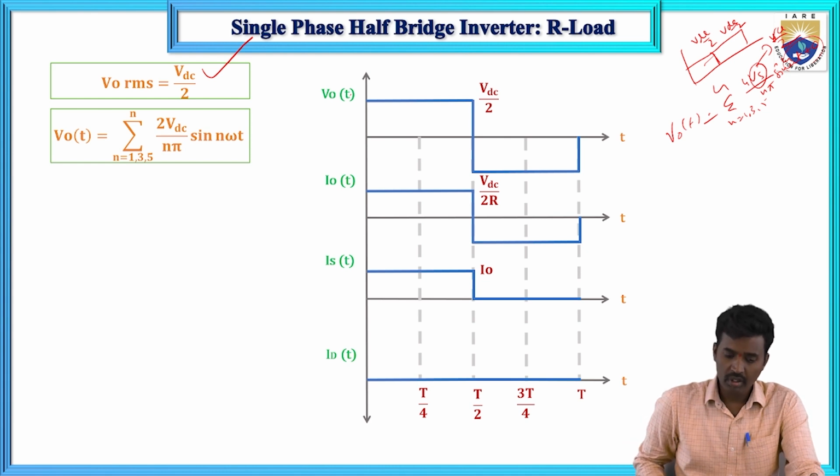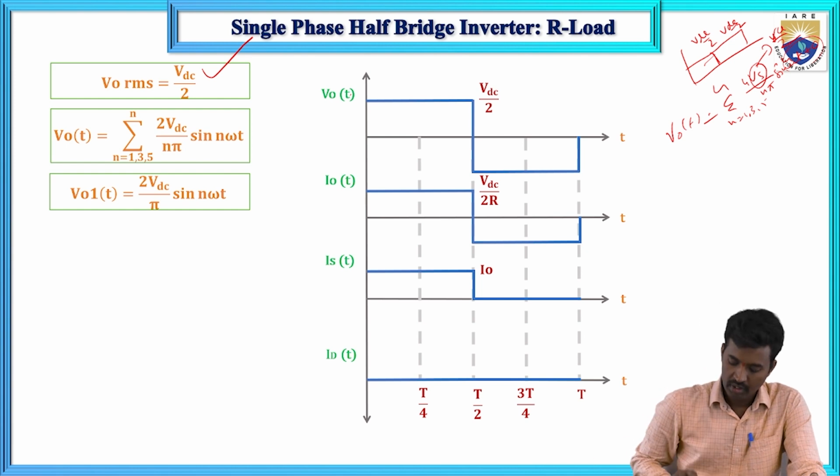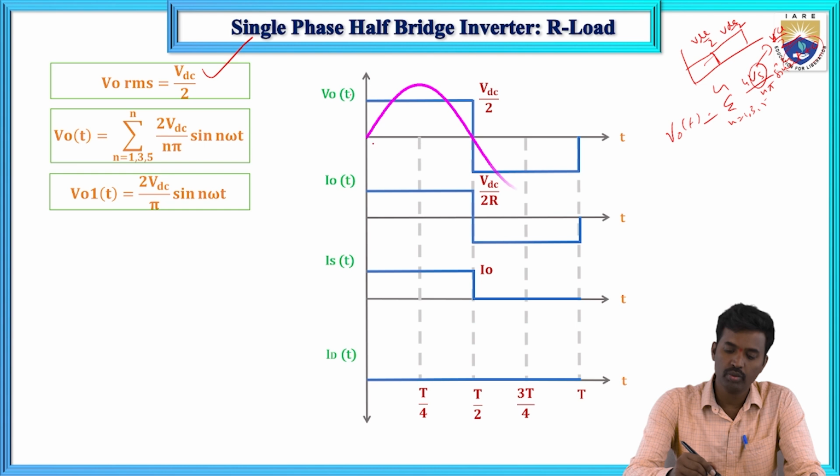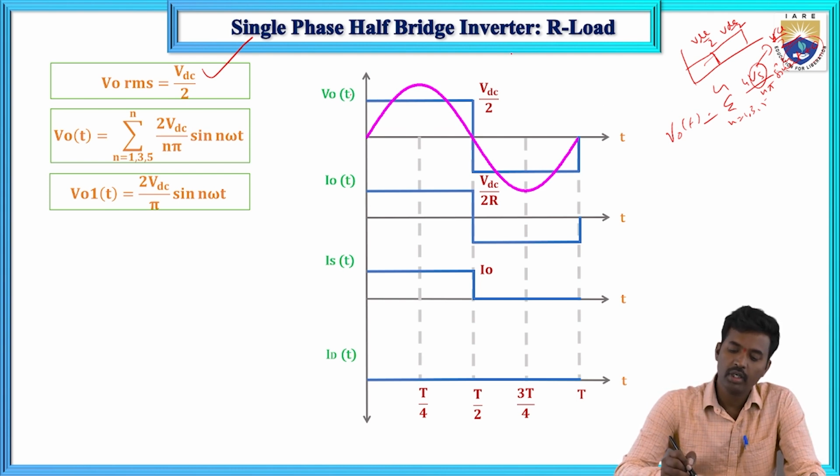Now, what about the fundamental component of this output voltage? Any square wave is resolved into a fundamental component. Only n equals 1 is the fundamental component. Next, the second one has frequency 3. So this is the fundamental component, and this V01 of t is always less than the total output voltage V naught of t.